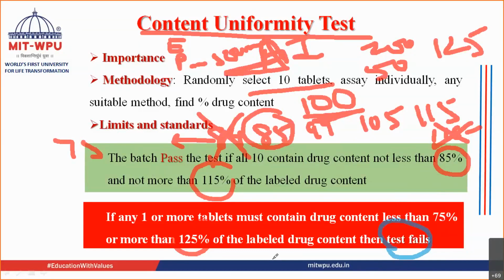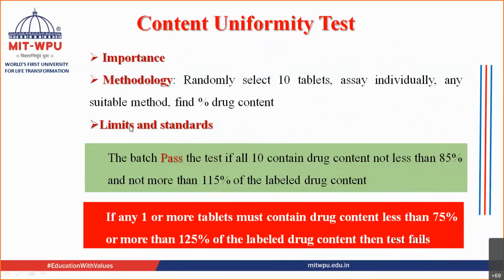But suppose you find that some are having 84 and some are having 116 or 117, that is between 75 to 85, or between 115 to 125. See, once again I am telling you, if all of them are between 85 to 115, the test has passed, you don't have to worry about it.